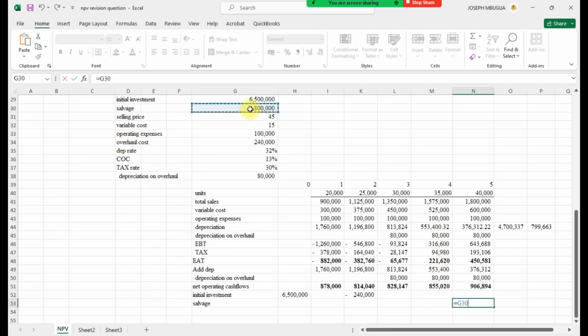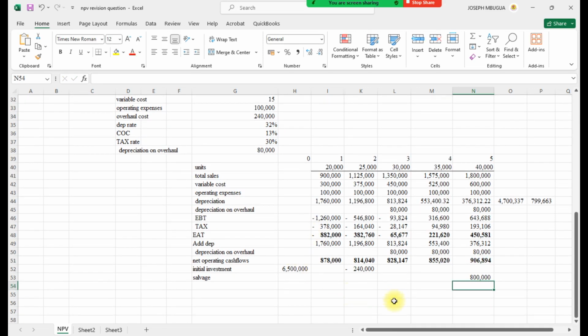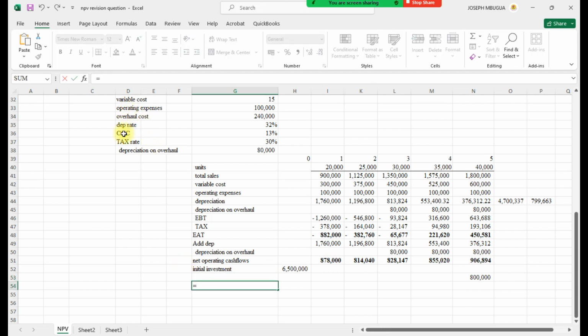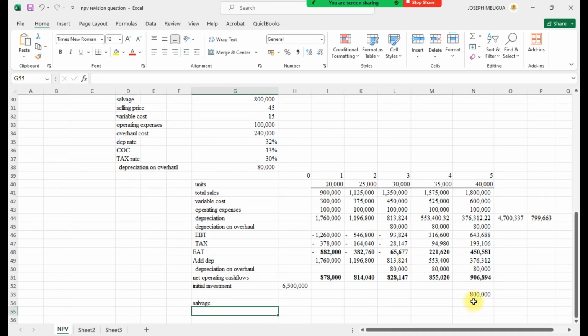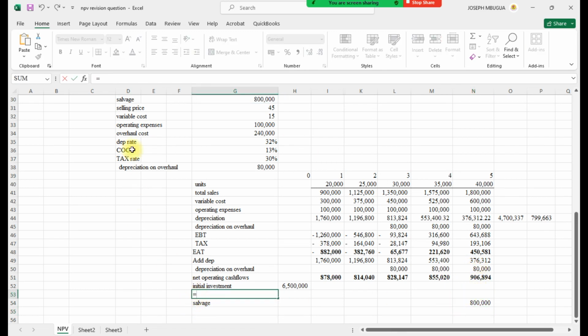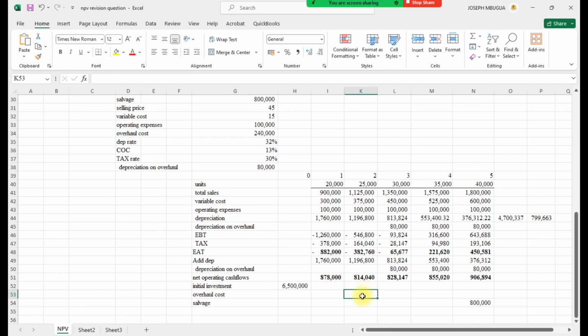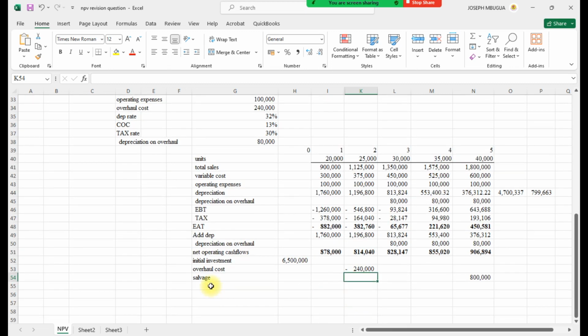Let me just separate that: salvage of 800, and the overhaul cost separately, minus 240, so that when you are going through it you can understand that we had an initial investment and an overhaul cost of 240, and you get our cash flow now.